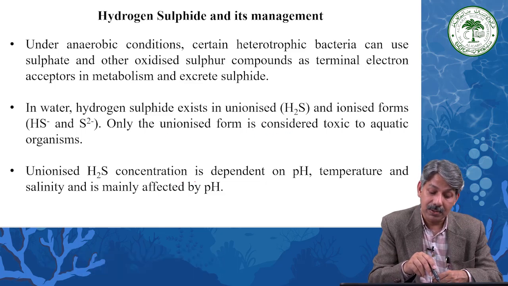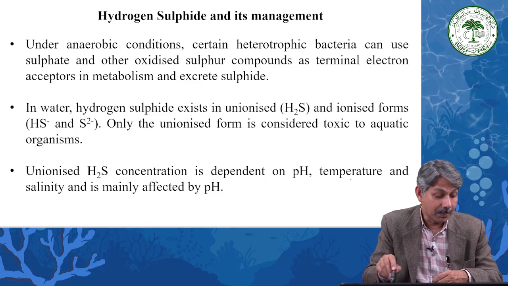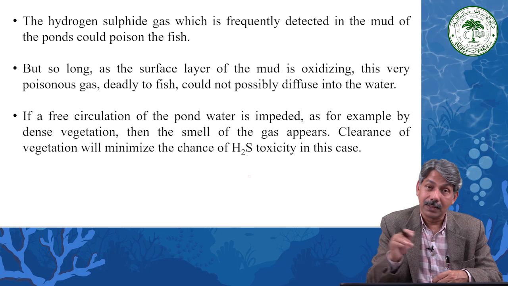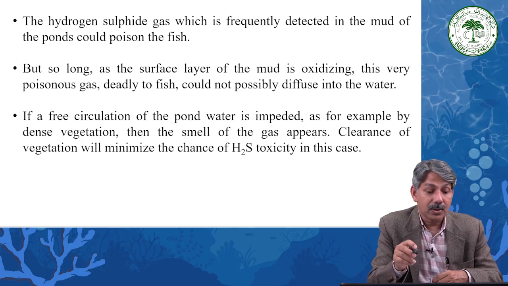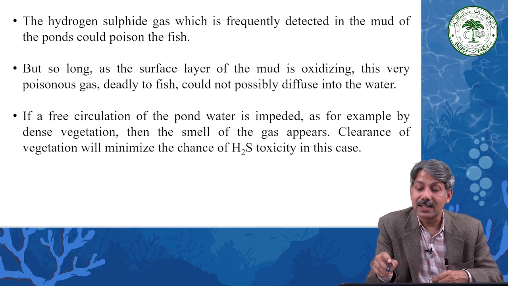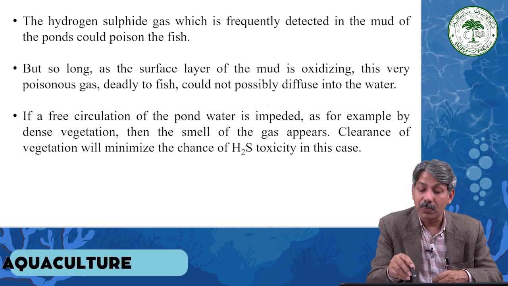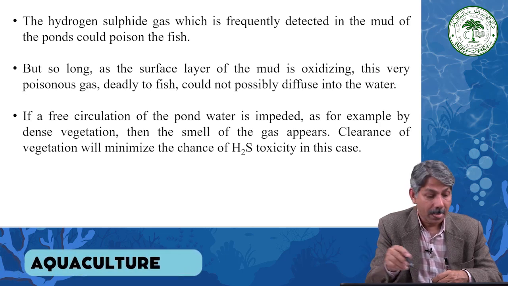Unionized H2S concentration is dependent on pH, temperature and salinity, and is mainly affected by the variation in pH. Hydrogen sulfide gas, which is frequently detected in the mud of the ponds, could poison the fish. But so long as the surface layer of the mud is oxidizing, this very poisonous gas, deadly to fish, could not possibly diffuse into the water.